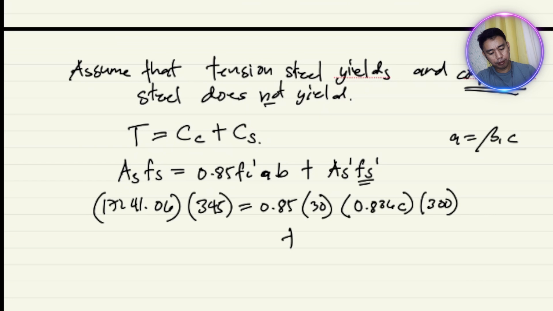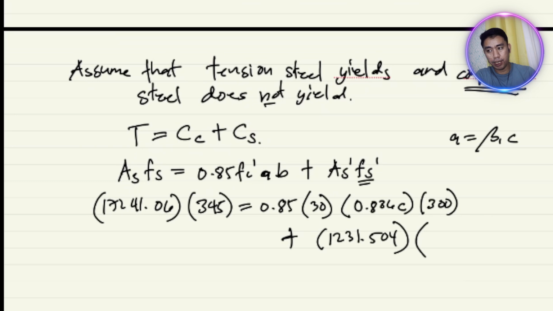Ito na sa baba. Plus AS prime natin, merong 1231.504 times FS prime. Ang FS prime natin is not equal to 345, not FY. Kasi nga hindi siya nag-yield.